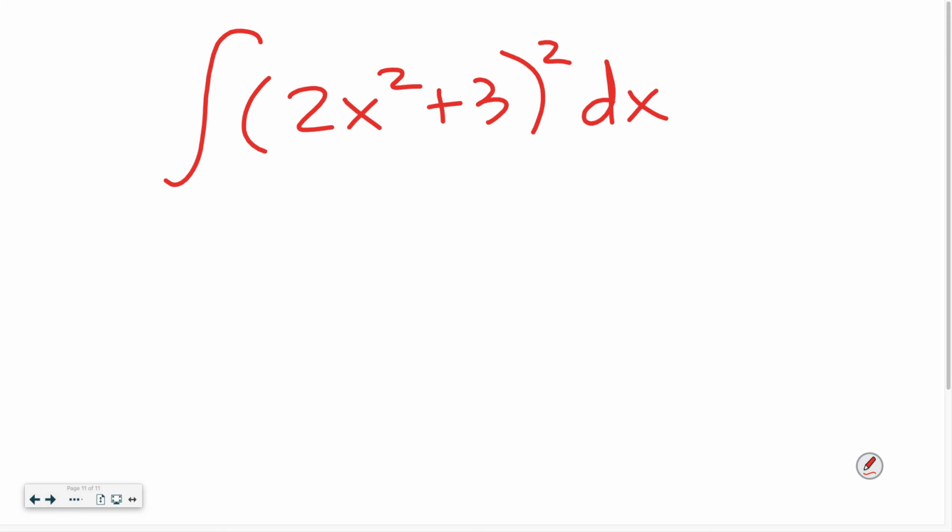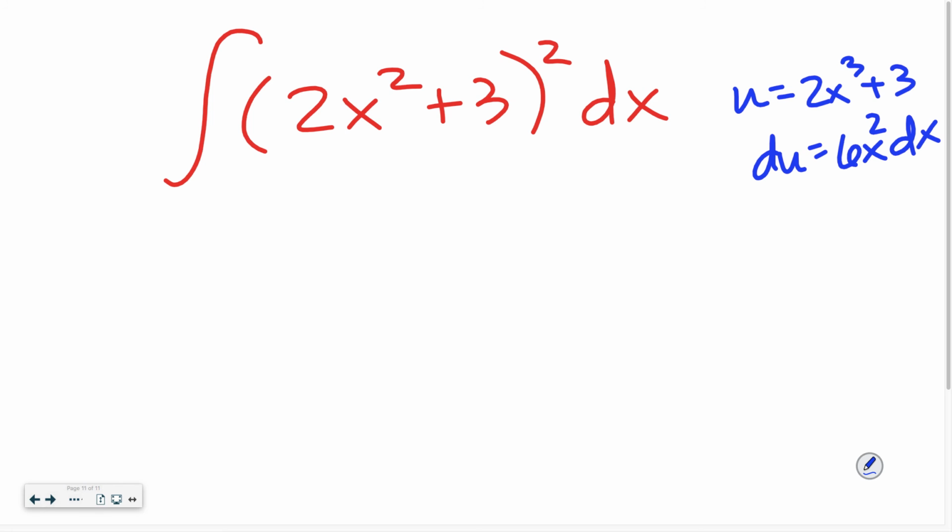I'm hearing multiply it out to a trinomial, right? If we tried to do u substitution here, we would get du to be 6x squared dx. Do we have something squared dx multiplied out in front? We don't. So u substitution is not an option here. Yes, it's a composition, but we don't have what we need out in front. So our only option would be to multiply that out and take the antiderivative.